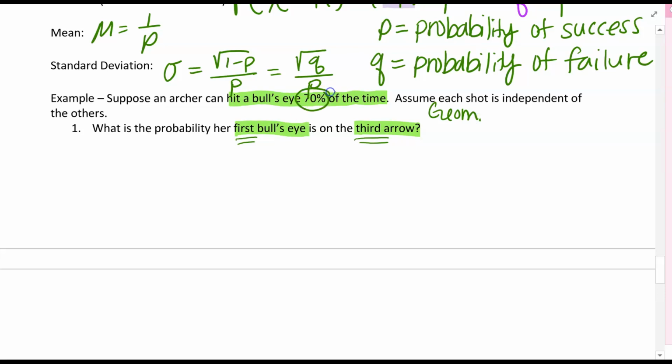My 70% right here is she can make it 70% of the time. So that's my P, the probability of success, 0.7. And then P and Q have to add up to 1. So what would Q be? 0.3.